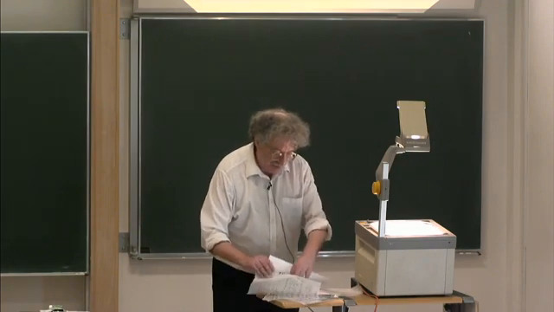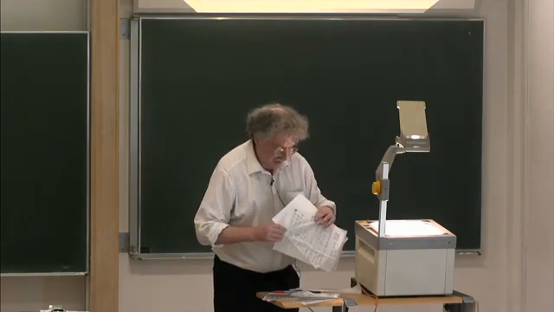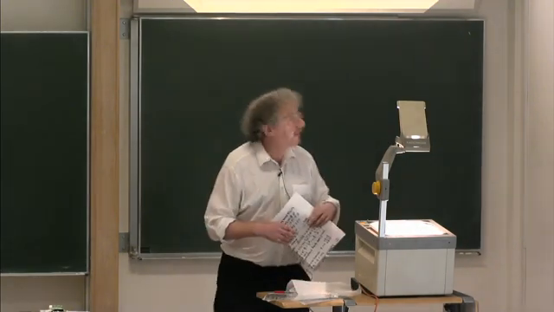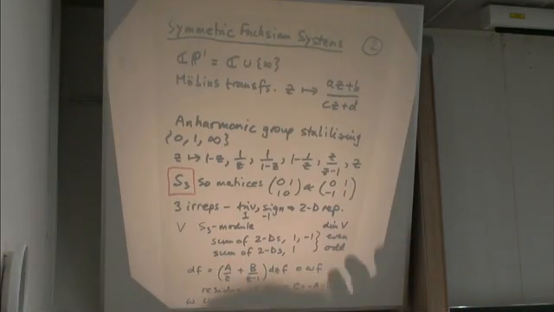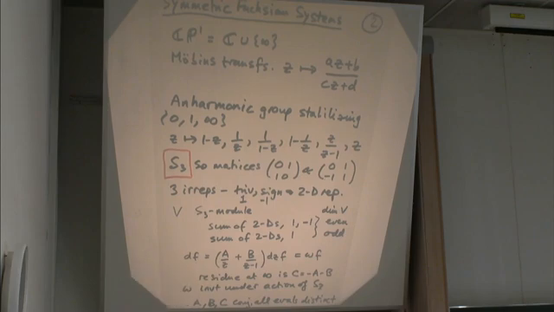So what is a symmetric Fuchsian system? Well, you have the objects there, so you can have some minimal things. You have this CP1, the Riemann sphere, so the complex numbers with infinity adjoined.